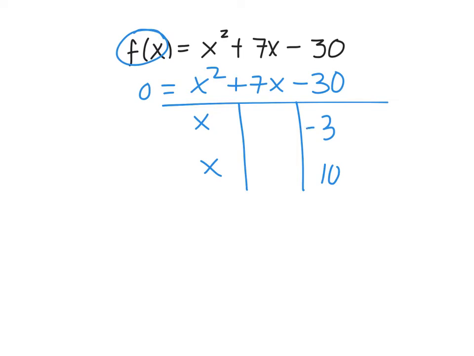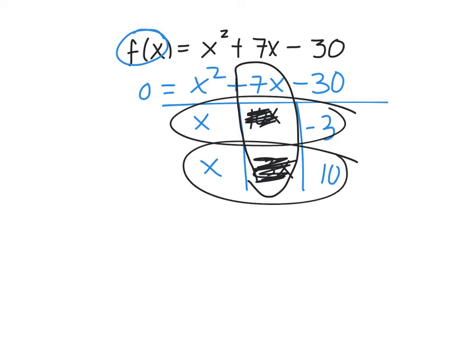I'm going to make the 3 a negative because when I cross multiply, I get 10x and negative 3x. And that does combine to positive 7. Hopefully you're feeling comfortable with that by now. If not, just keep trying. You'll get the hang of it. It's all about practice. So here are my 2 factors. x minus 3, x plus 10.